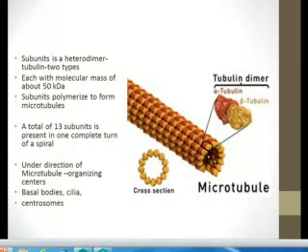Now, why or when are these microtubules formed? They are basically formed in the presence of calcium ions, in the presence of ATP molecules, and in the presence of microtubule associated proteins, but under the direction of organizing centers.